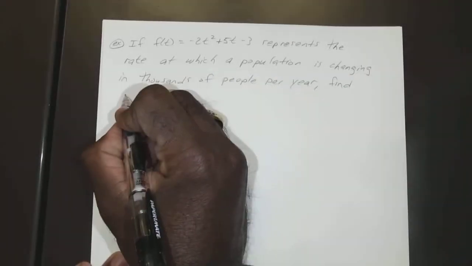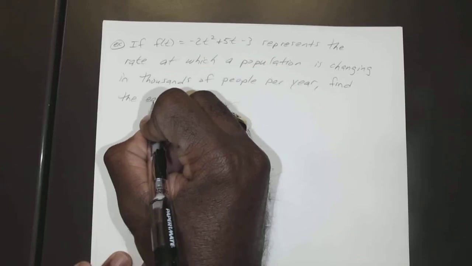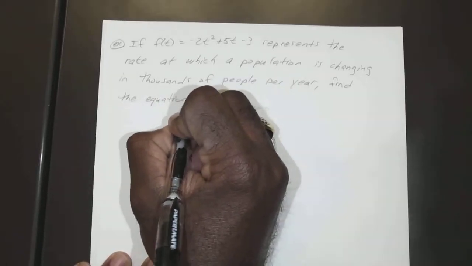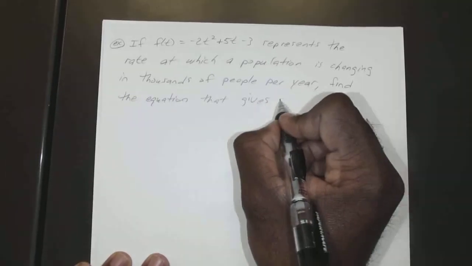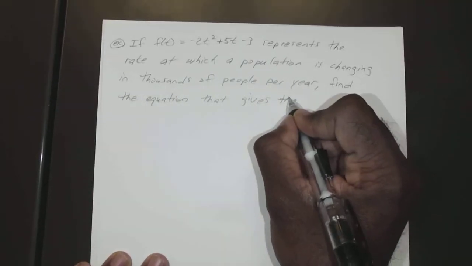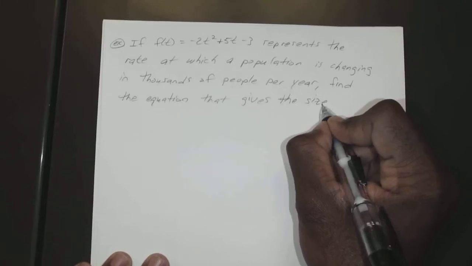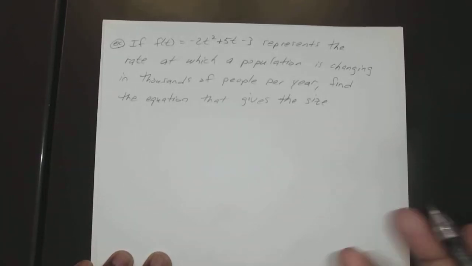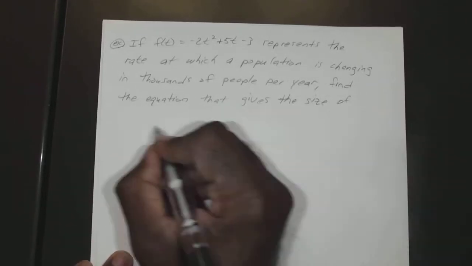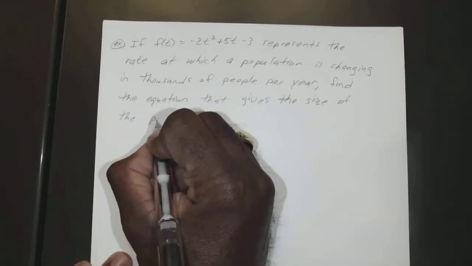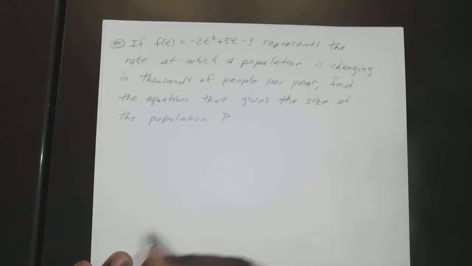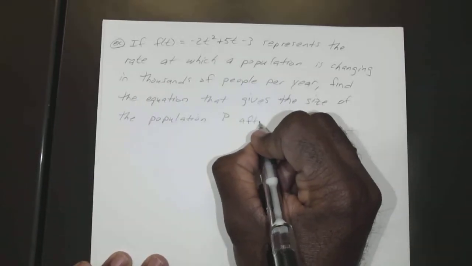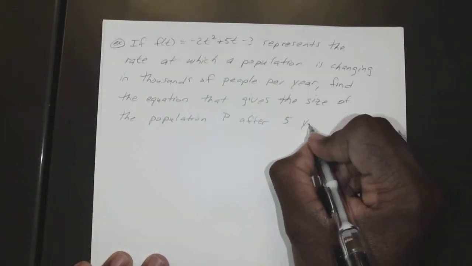Okay. Again, find the equation that gives the size of the population after 5 years. Of the population, that will be an uppercase P, after 5 years.